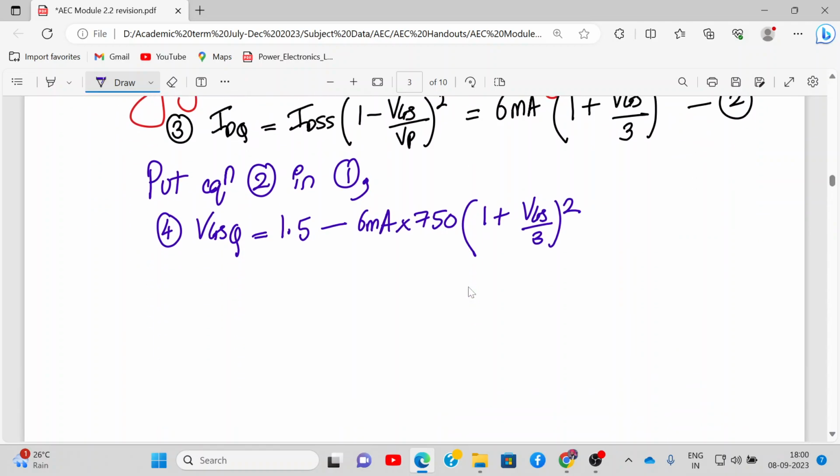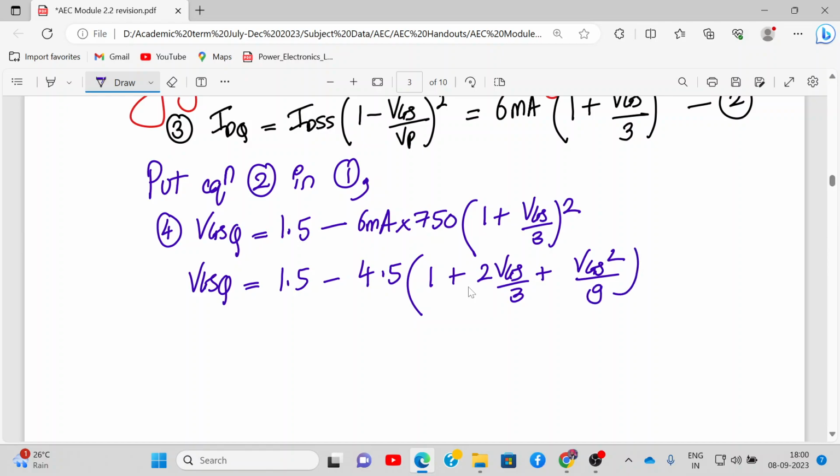Got it? Now you have to solve this quadratic. So it is 1.5 minus, this is 4.5, this is a plus b square. So a square plus 2ab plus b square, which is VGS square upon 9. And now you open the bracket. VGSQ is equal to 1.5 minus 4.5 minus 3 times VGS minus 0.5 VGS square.